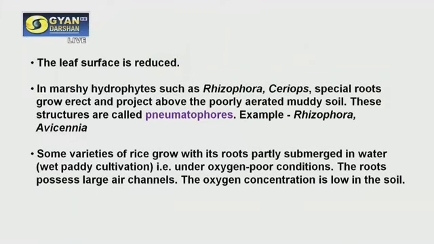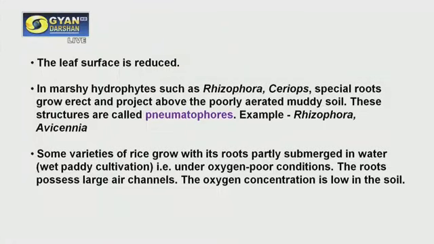Leaf surface is reduced. In marshy hydrophytes, special roots grow erect and project above the poorly aerated muddy soil. These structures are called pneumatophores. In fact, you must have heard about pneumatophores in the mangrove plants, that is the plants which grow in saline soil. In this type of soil also you will find pneumatophores.